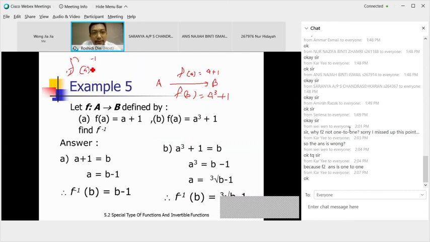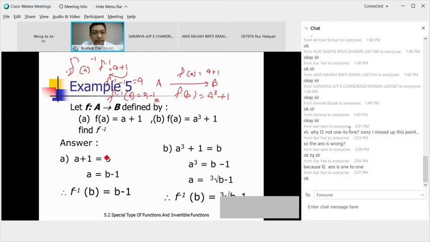Once we inverse this function, it means we inverse this equation. So A plus 1, we assume equal to F. We try to find A, so we put 1 to here. It will be F minus 1 equal to A. So the invertible function will be F inverse equal to A minus 1. So that's the answer.